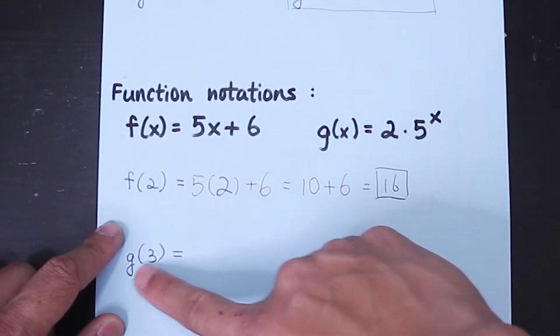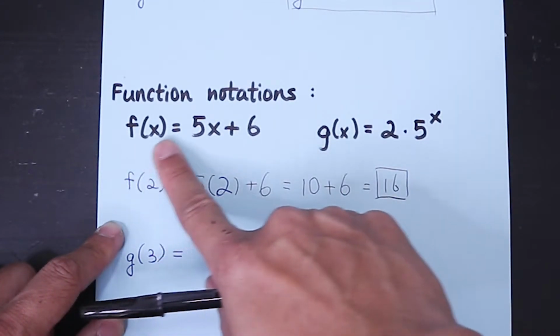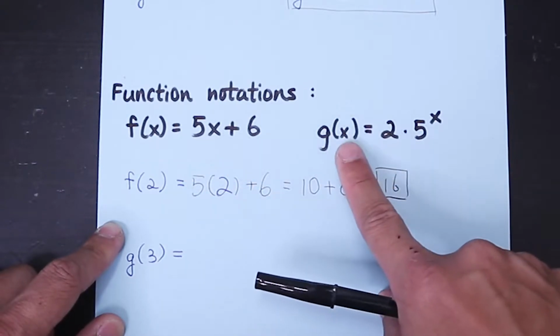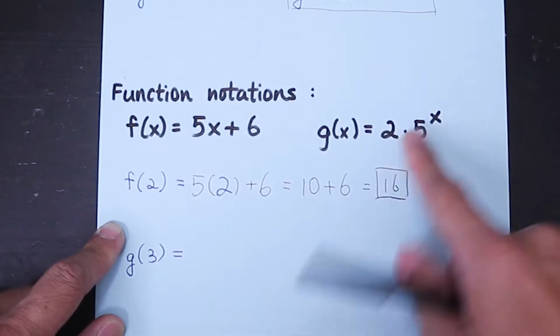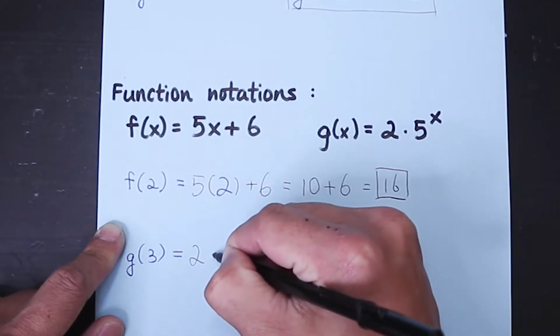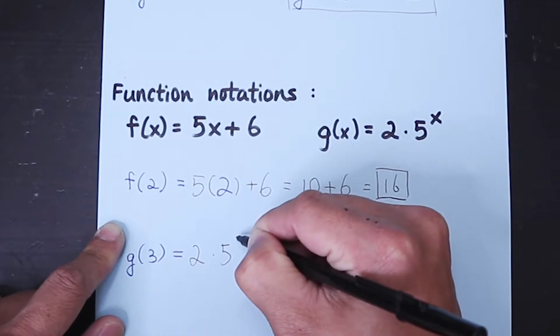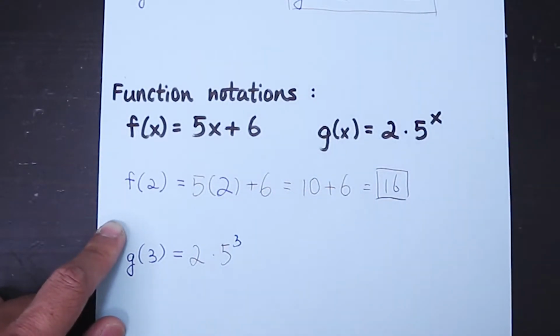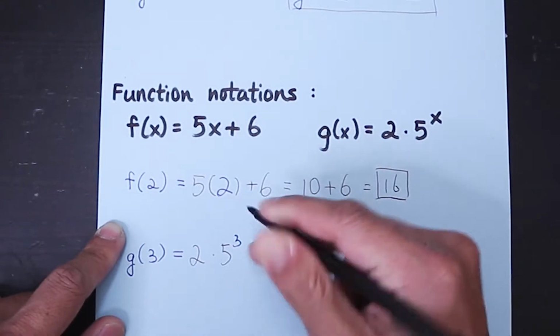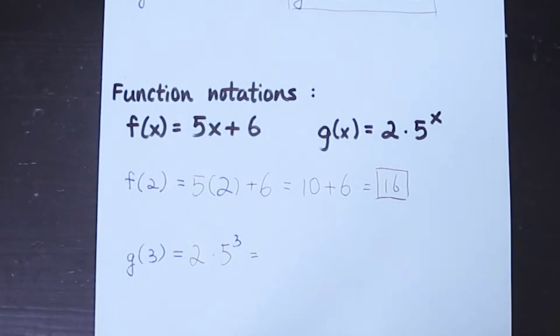Likewise, to find out what's g of 3, I have to choose the correct equation that's named g, which is the second equation because it's g of x. So when the input is 3, you're going to rewrite this equation as 2 times 5 to the something power. And instead of x, you're going to write 3, okay? Using the order of operations between multiplication and exponents, we're supposed to perform the exponents first.